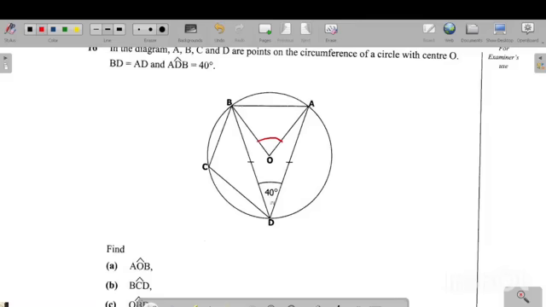So since we've been given 40 degrees on the circumference, we are supposed to multiply this 40 degrees by 2. So angle AOB is equal to 2 times 40 degrees, which gives 80 degrees.